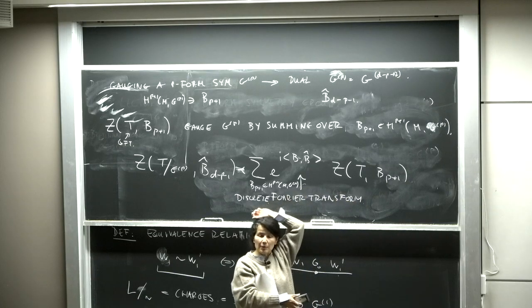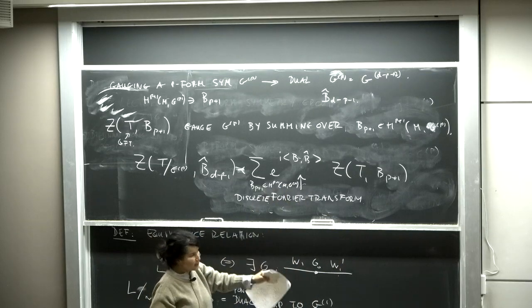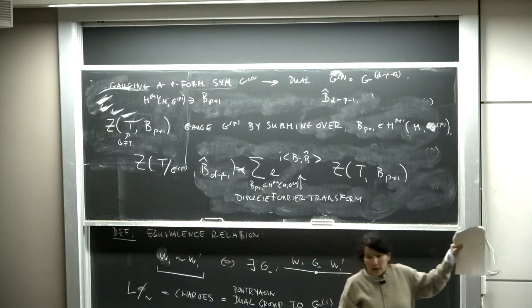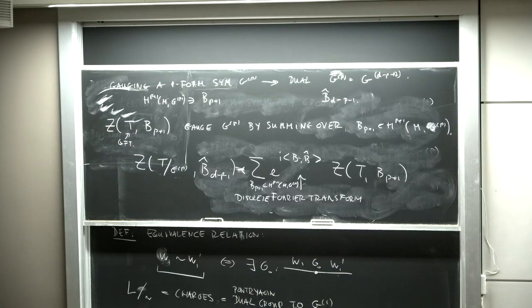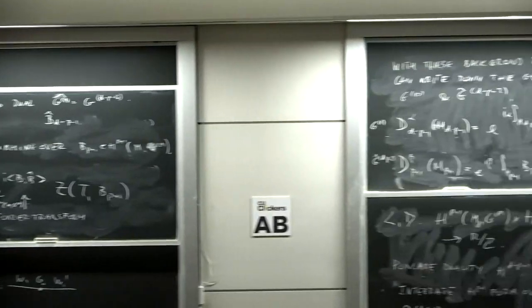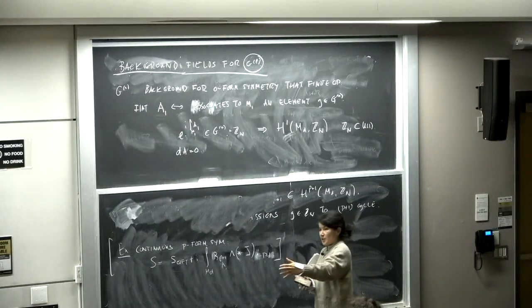For P equals 0. Oh, yes, right. So for P equals 0, if you have abelian groups, that's why I restrict here to abelian groups, right? For continuous groups, non-abelian groups, if you have some global symmetry you want to gauge, you know what to do, right? You did your QFT course.